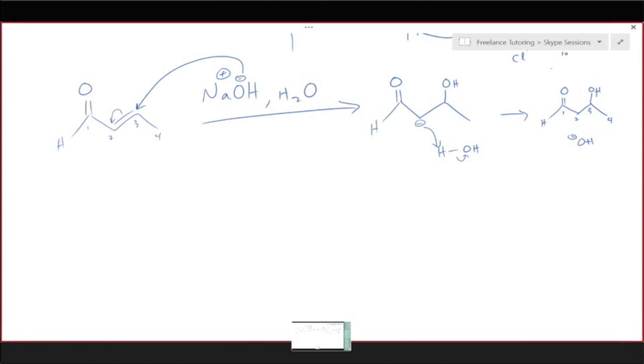Now, it doesn't look like a deprotonated enol, not unless you move that negative charge up to the oxygen. So the point is, it's called an enolate because there's another resonance structure that does look like an enol. Okay. Good.